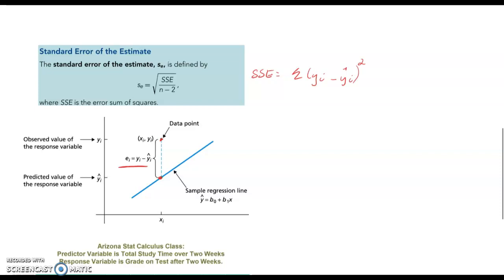That's our e. They are residuals. You can think of them as errors. If we took all of these errors, so we have points that are going to fall near and around this regression line, and found their standard deviation, essentially we would get the standard error of the estimate.